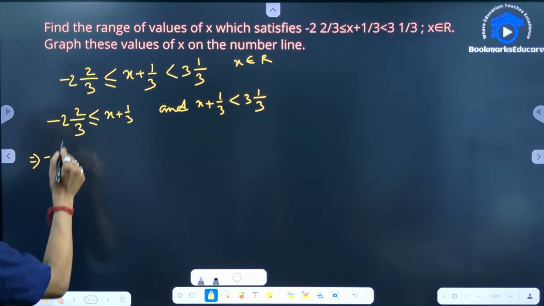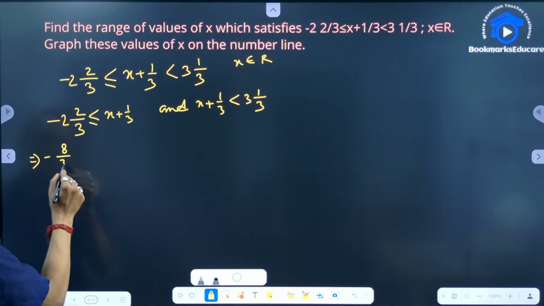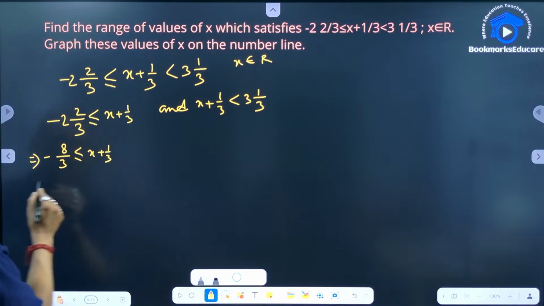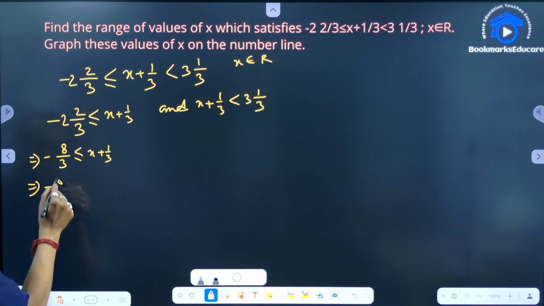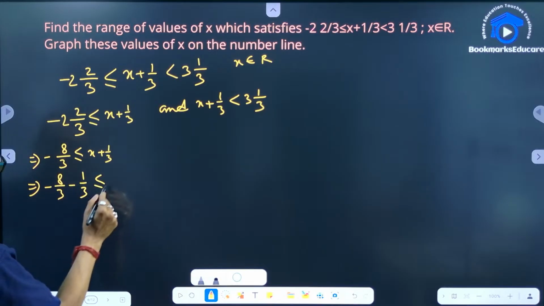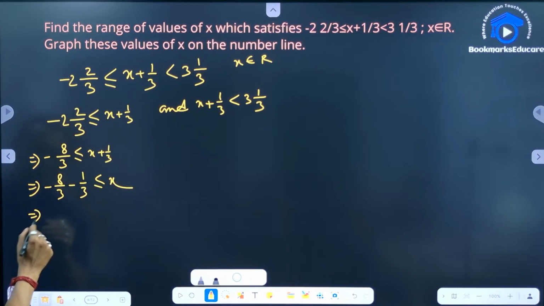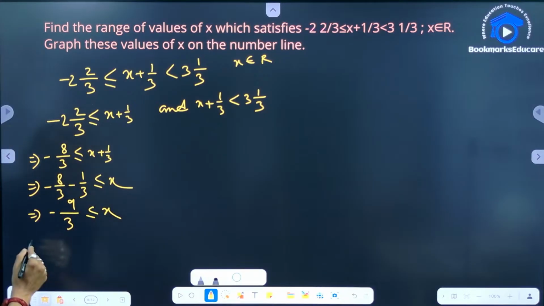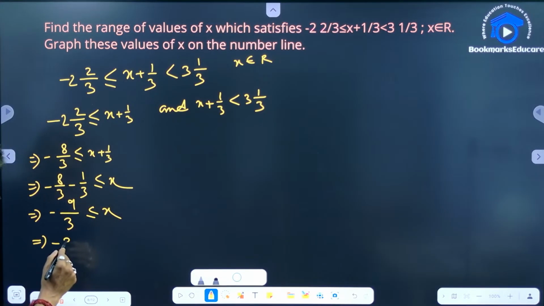So minus 8 by 3 minus 1/3, so minus 9 by 3, so minus 3 less than equal x.